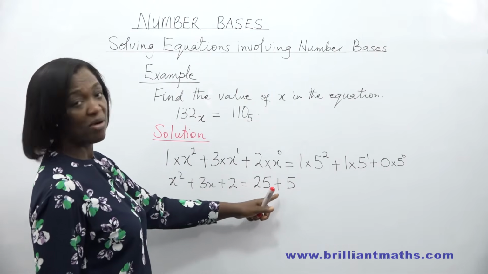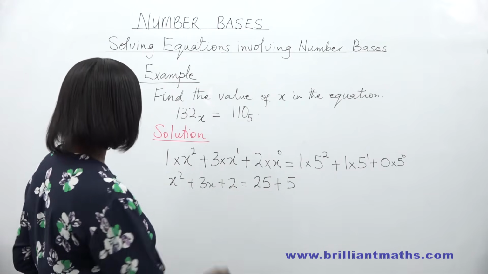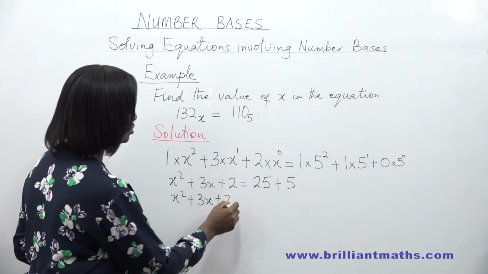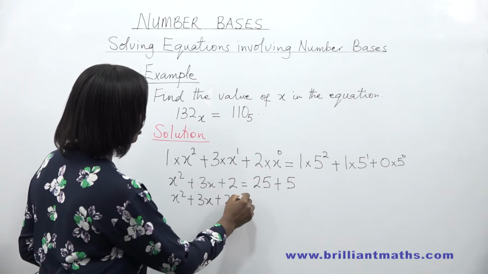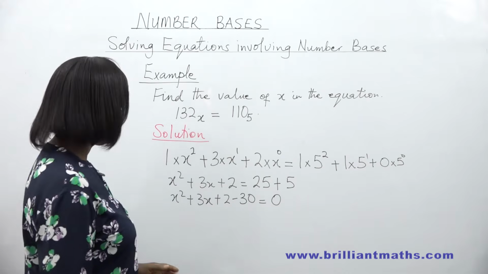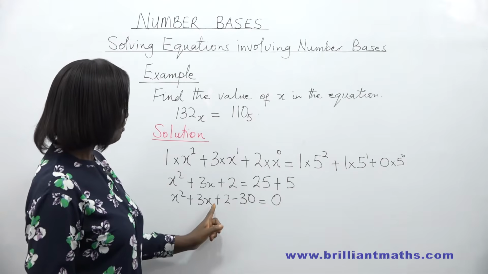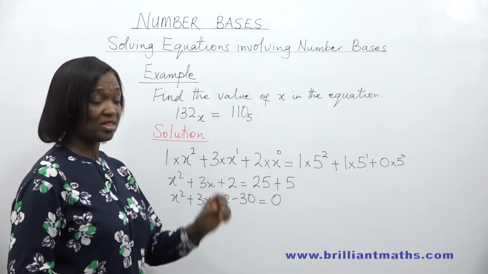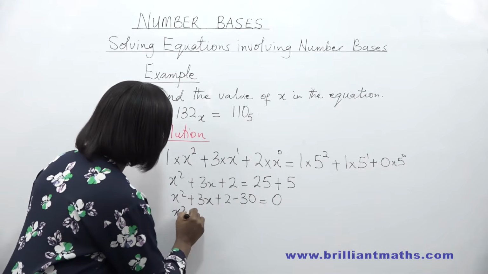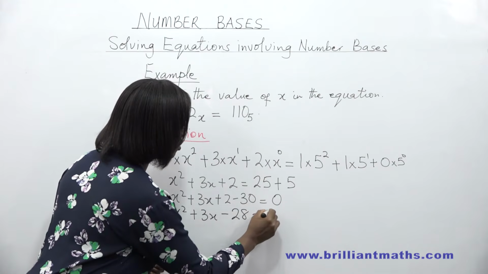If we bring 25 plus 5, which is 30, to the other side of the equation, we have a quadratic equation. x squared plus 3x plus 2 minus 30. And plus 2 minus 30 is minus 28. So our equation is x squared plus 3x minus 28 is equal to 0.